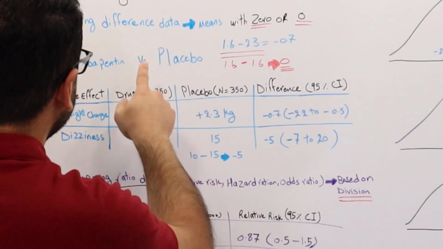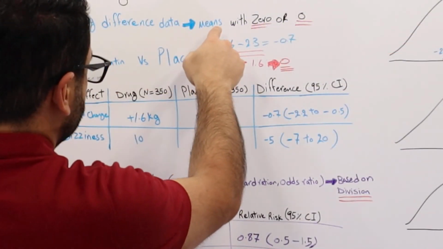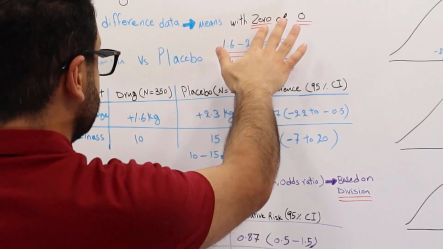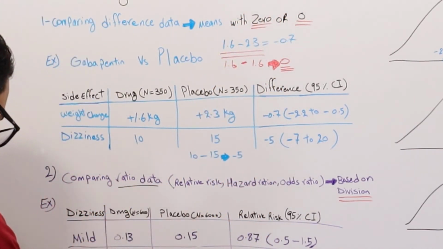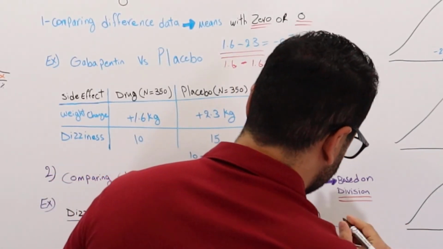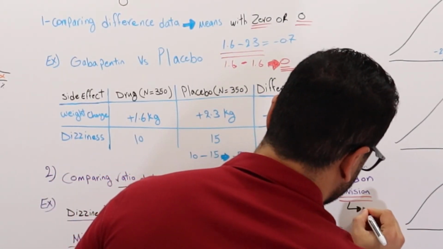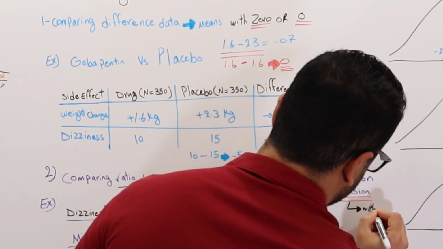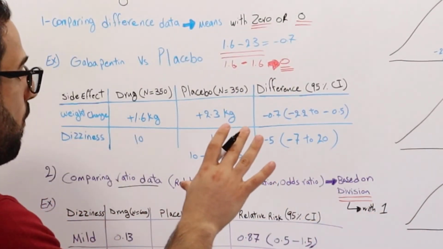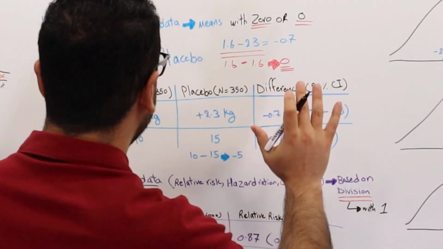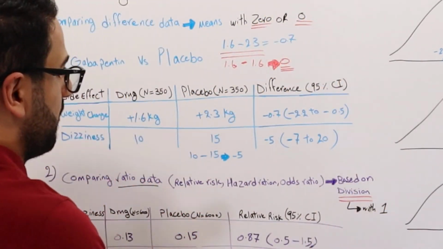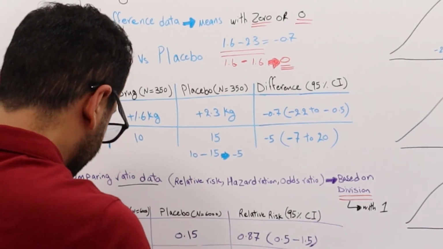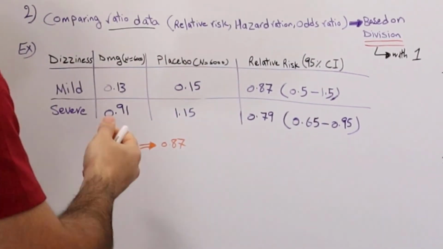So just like comparing differences data, which was the mean, was associated with 0, here comparing ratio data is associated with number 1. Now, why did we pick number 1 instead of 0 or, let's say, number 5? Well, let's take an example to better understand.